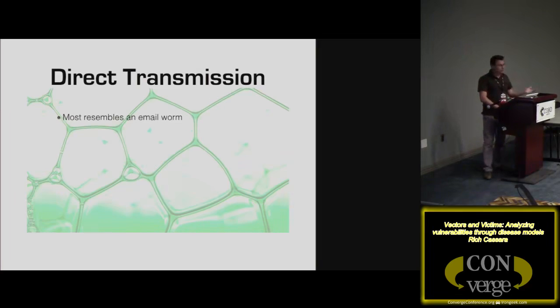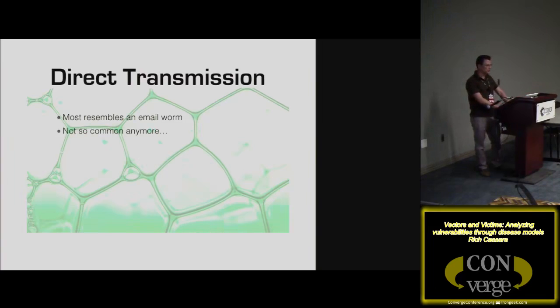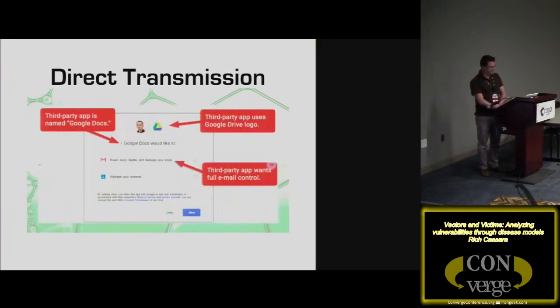So like I said, this most resembles email worms, which are not to be confused with human worms, which are more like an APT, which I'm going to get into next. So email worms used to be a big deal like 10 to 20 years ago. They were very common, very harmful. Doesn't seem like they're around so much anymore, but wait, last week we just saw this.